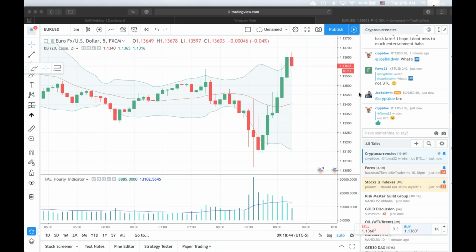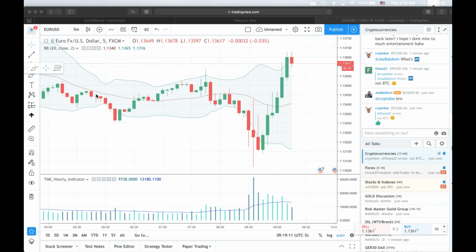I'm just going to show you some examples of how we use this hourly indicator. You don't need anything more than that. Basically, you have the hourly indicator set up, which is this oscillator, and then you have the Bollinger Band already on the chart, on the price action, and it's very, very simple to follow.